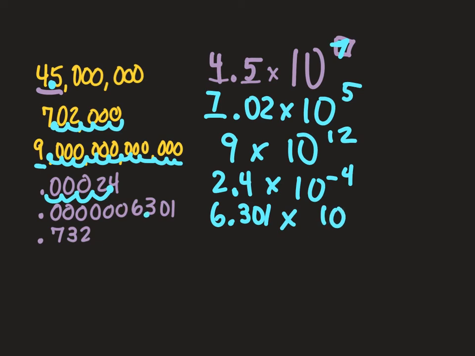Put the dot here. 1, 2, 3, 4, 5, 6, 7. We went 7 hops left. 7 point 32 times 10 to the negative first power, because it only takes 1 hop to get to the front.